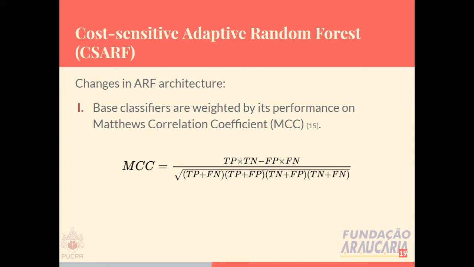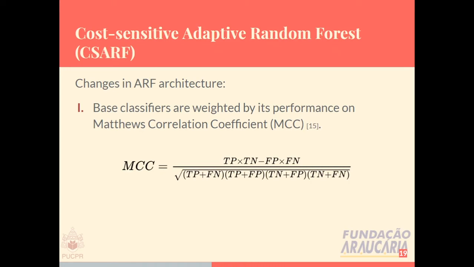The first change is that each tree is now weighted by its performance on the Matthews correlation coefficient, MCC, instead of accuracy. Accuracy in imbalanced environments is ineffective in evaluating the performance of a classifier. That's why CSARF uses MCC, which is a great metric to evaluate a classifier in binary imbalanced datasets.